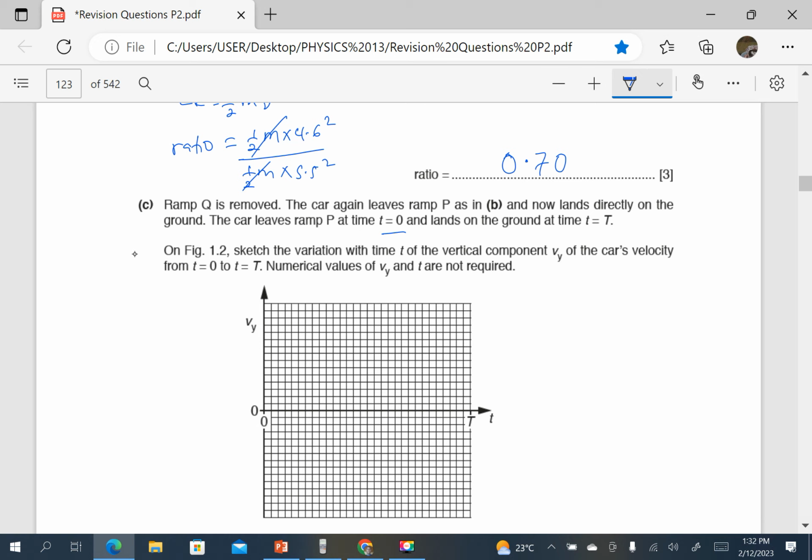Let's say the vertical component is Vy, which will be a certain value that we have already seen earlier on. But they said numerical values are not needed, so I will not include any value there. Then after a certain time, it lands on the ground at time t equals capital T.